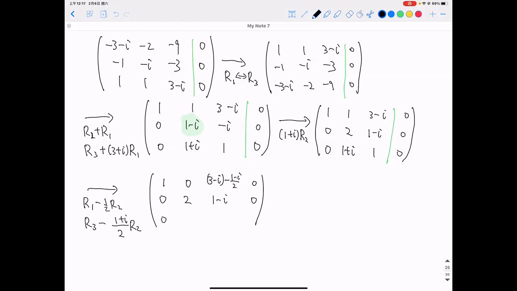Okay, we'll deal with that in a minute. R3 minus (1 plus i) on 2 times R2. So that will be 0 here. And 1 minus, oops, what is this? (1 plus i) on 2 times (1 minus i). And 0.